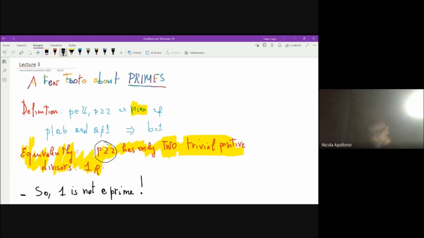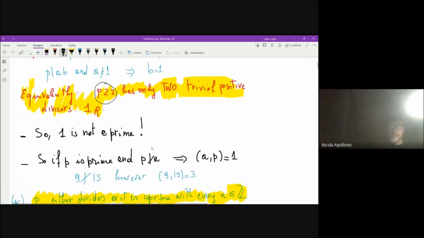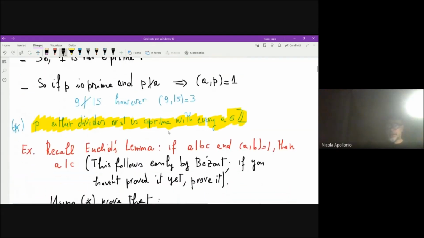It's just a choice, which is the most efficient one for modern mathematics, but it's just an axiomatic choice. So one is not a prime.